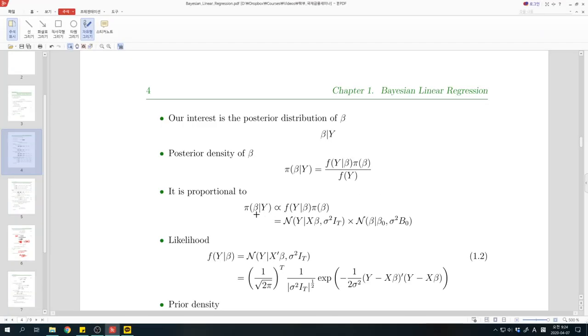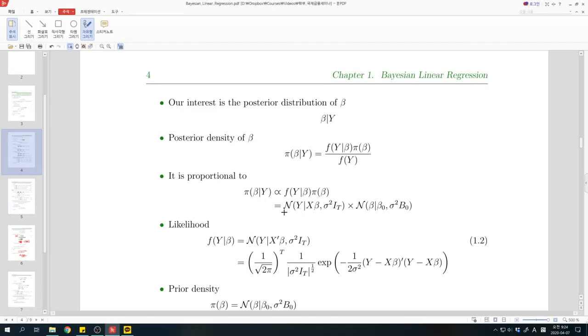Let me go back to here. This is the posterior density of beta, and if this is not normal, if this is chi-square, student t, or something else, then the posterior distribution of beta given y is not standard. That means we cannot compute its mean and variance, so it's going to be very difficult to do inference.